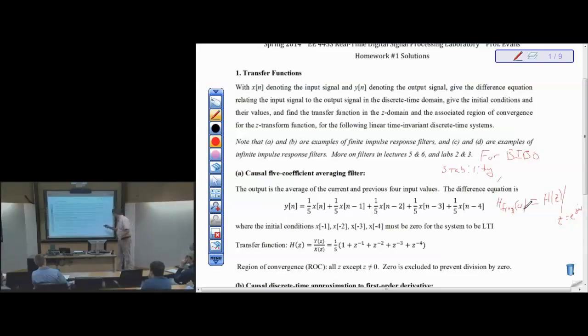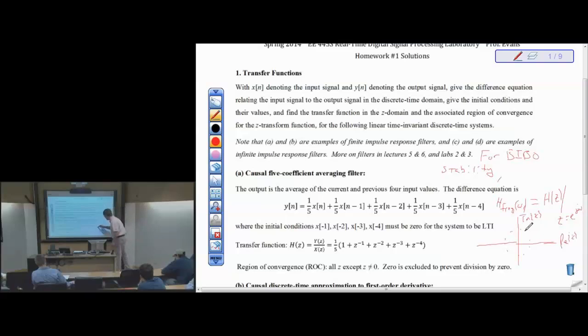So consider this region of convergence. Circle here, but I don't include the points on the circle.